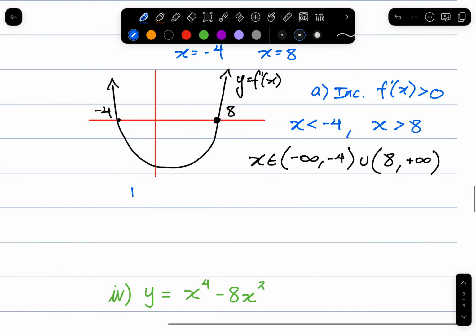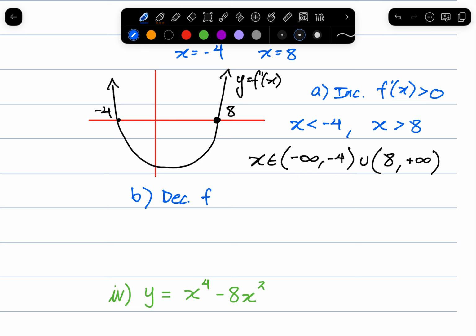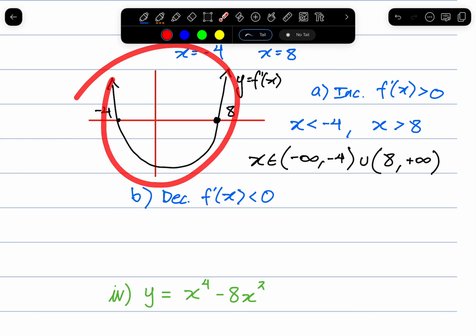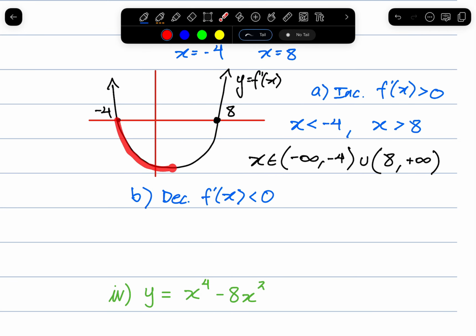Now, as for decreasing, we want to find the domain where f prime of x is less than 0. As you can see, because we've sketched out f prime, where is f prime below the x-axis? Well, it's between -4 and 8.